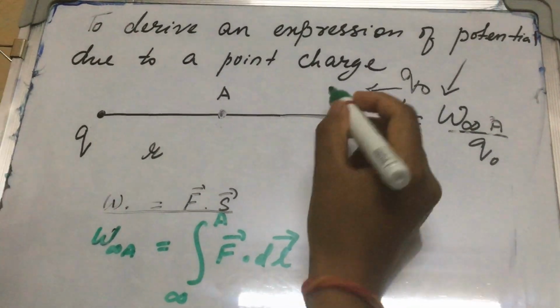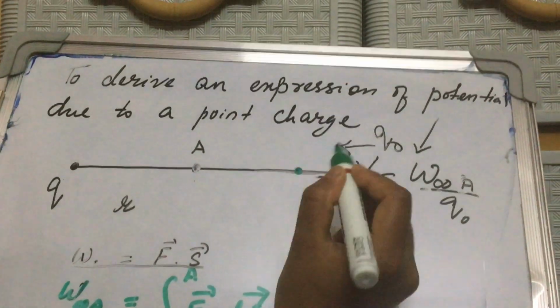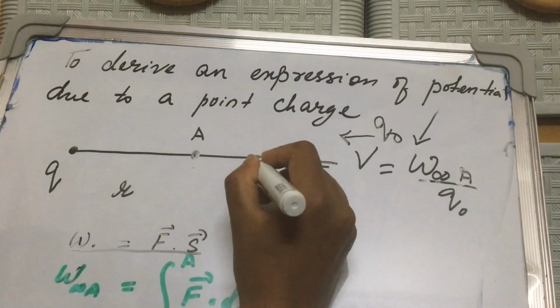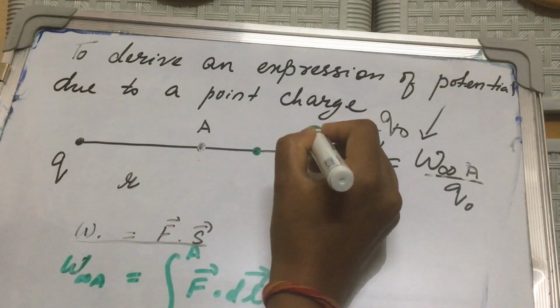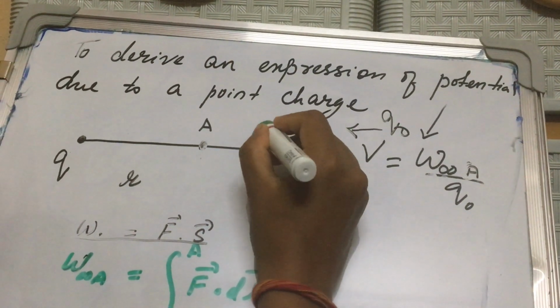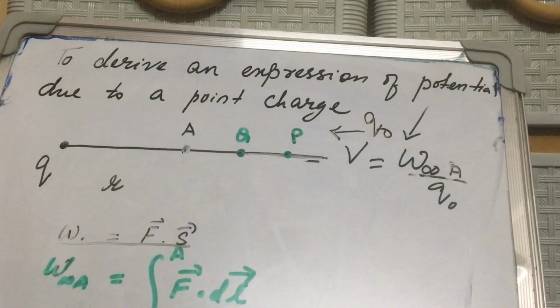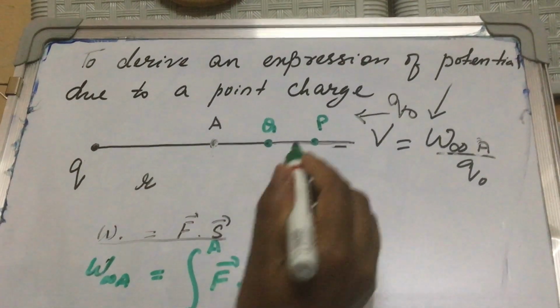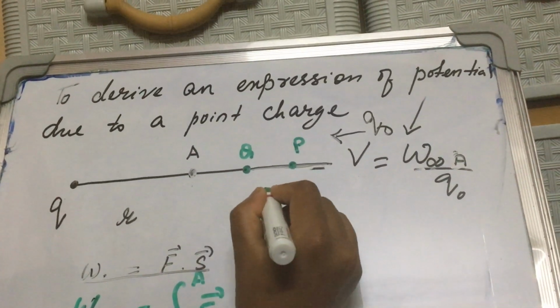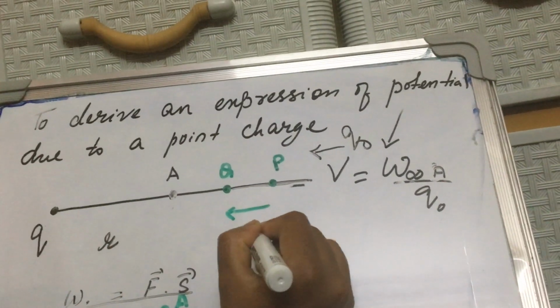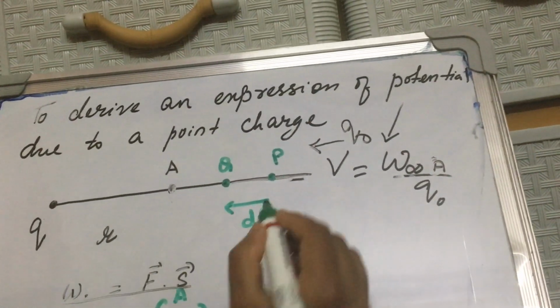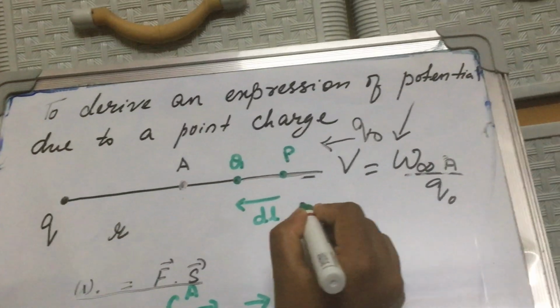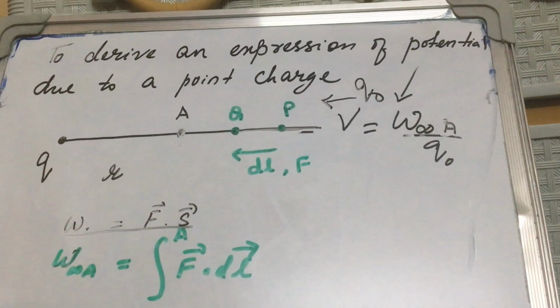Let us take up 2 points. I'll call them point P and point Q. We assume that over this very small length dl, the force has become constant. This is our assumption.